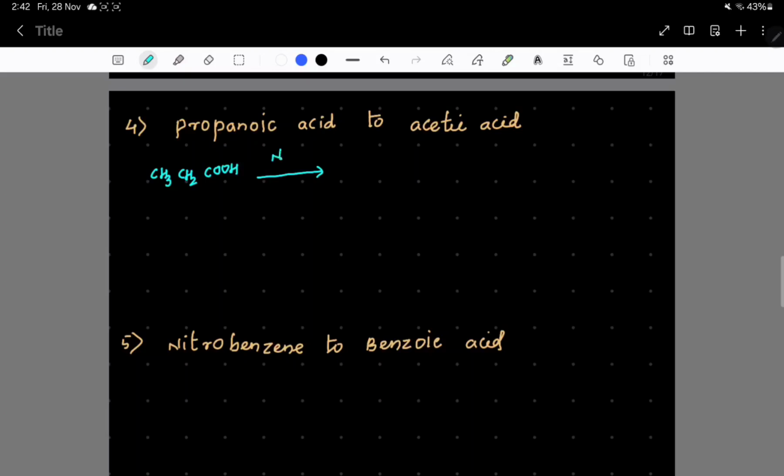Now this propanoic acid you can react with HN3 followed by sulfuric acid. The name of this reaction is the Schmidt reaction. During this process it will give CH3CH2NH2.